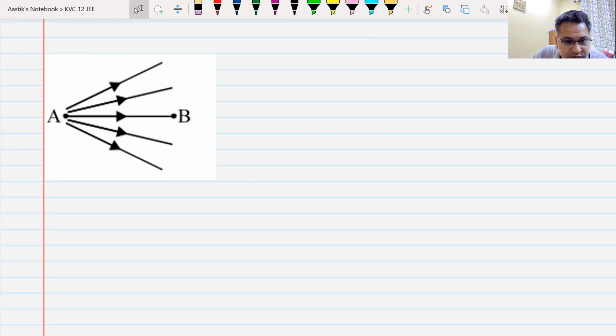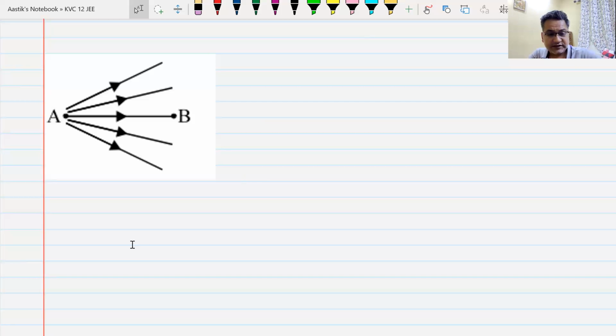A. Everyone understands that it has to be A, because at A we have more denser lines. Yes or no? Yes, sir. This is the same diagram that I showed you.